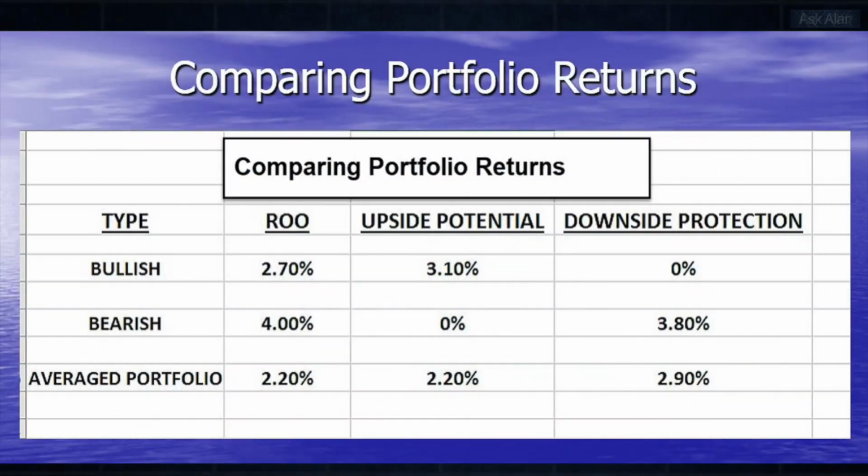Now, in the bull portfolio, we had a 2.7% 3-week return. The bear portfolio, 4.0%. Now, that's time value only. And the average portfolio, 2.2%. So it kind of underperformed the other two, even though the results were very, very good. Upside potential in the bull portfolio, 3.1, compared to 2.2 in the average portfolio.